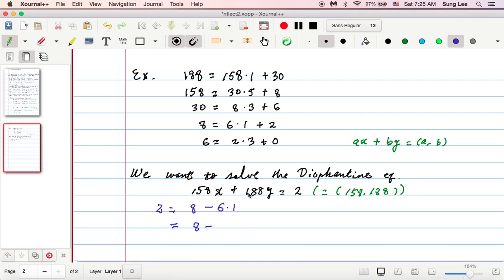So replace 6 by 30 minus 8 times 3, times 1.